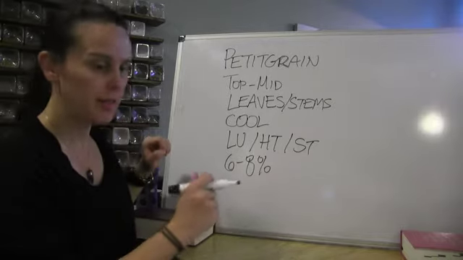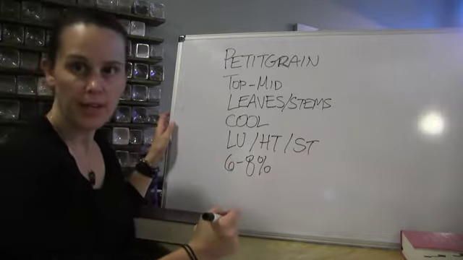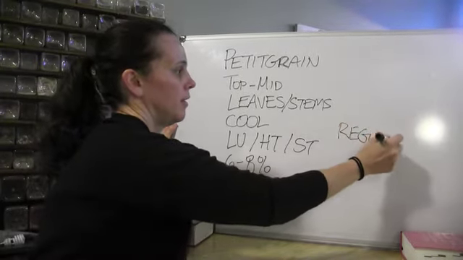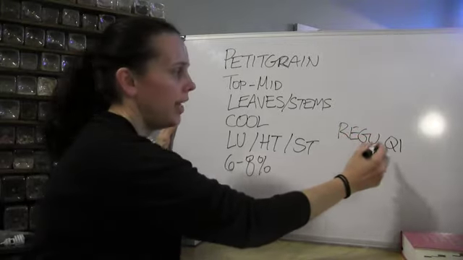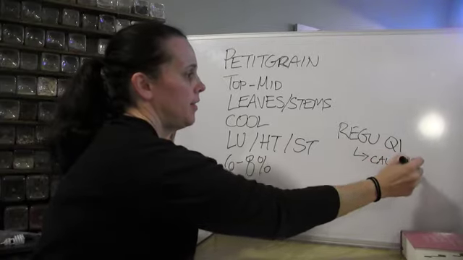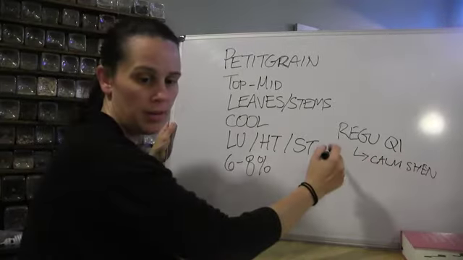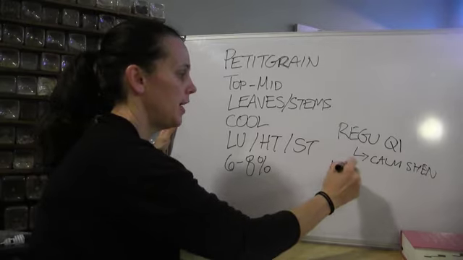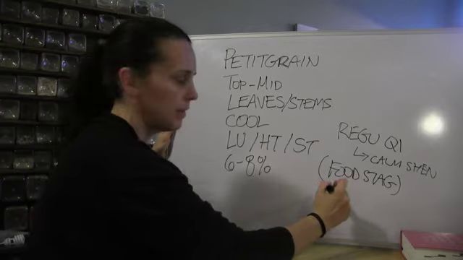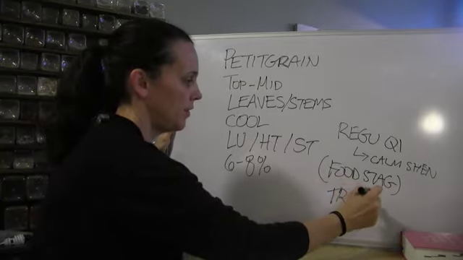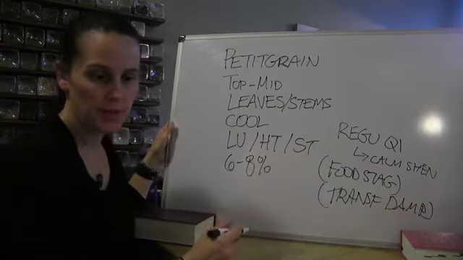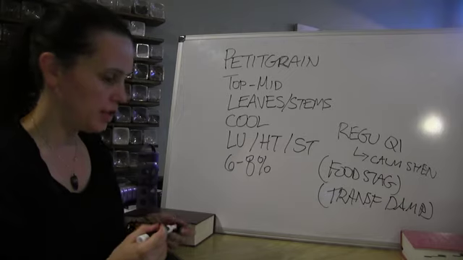And then we've got the categories. Regulate chi, and in the way that it does this, it also is a calm shen oil. Food stagnation, these are not officially categories, but it really fits into those categories of food stagnation and transform dampness.